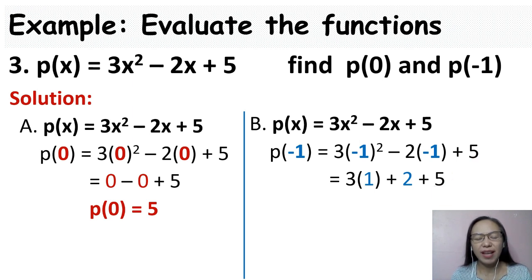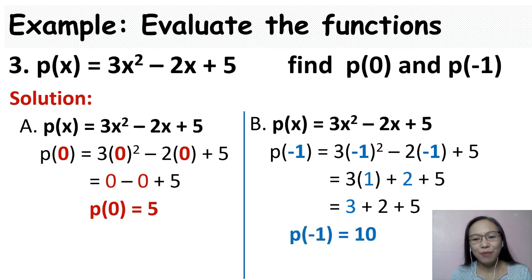Then we simplify: 3 times 1 is 3, and then we bring down 2, and then 5. Combining all this, we have 3 plus 2 plus 5. That gives us 10. Therefore, p of negative 1 equals 10.